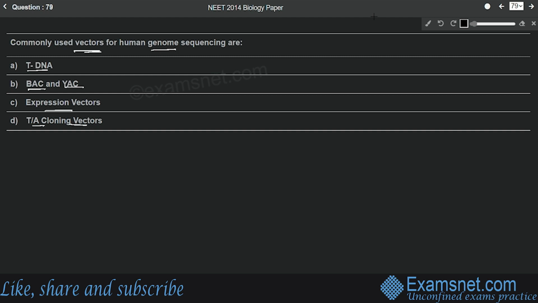So the correct answer will be BAC and YAC, that is bacterial artificial chromosome and yeast artificial chromosome. These are commonly used vectors for human genome sequencing. Therefore, option B is the correct answer.